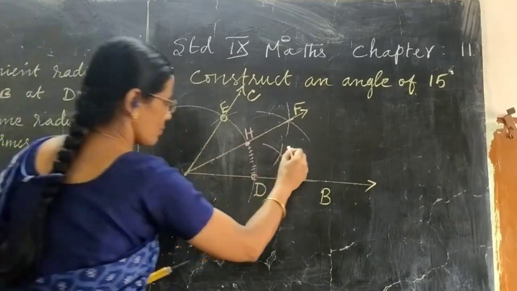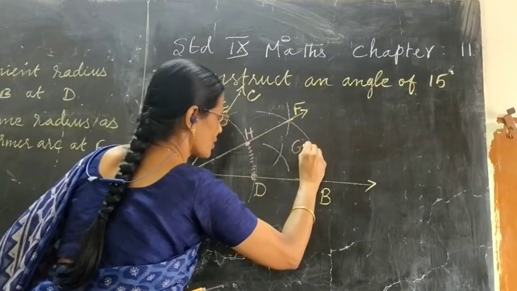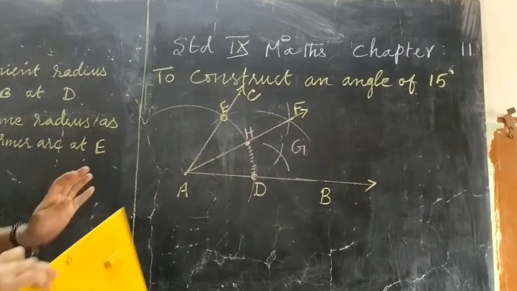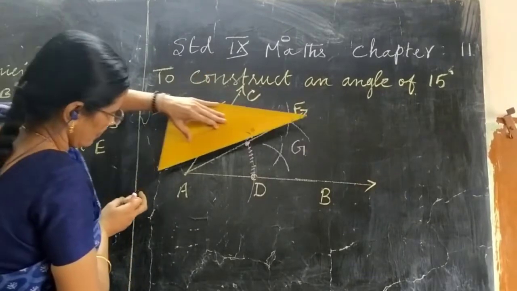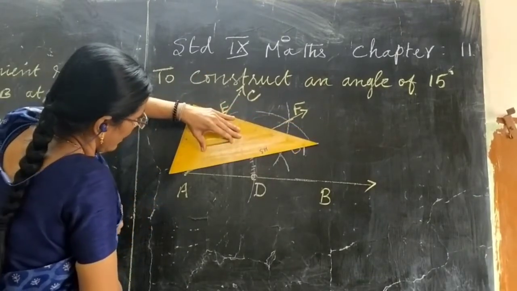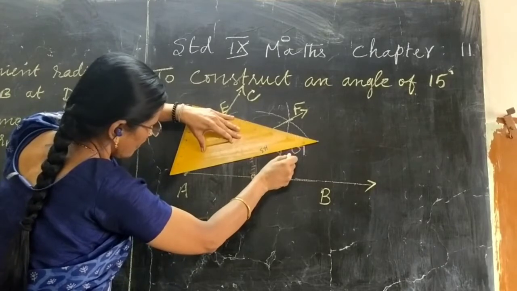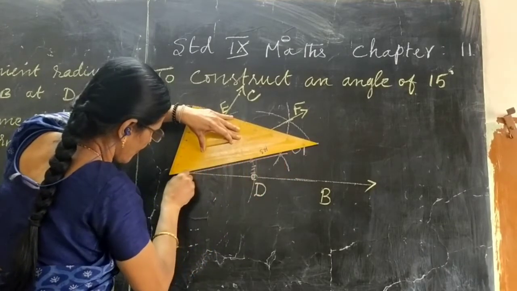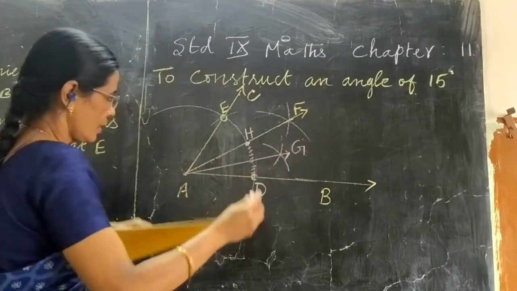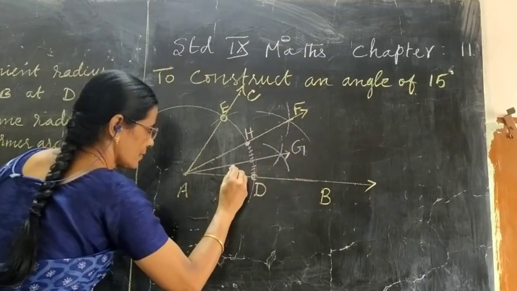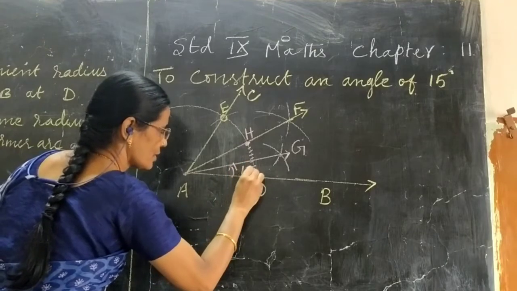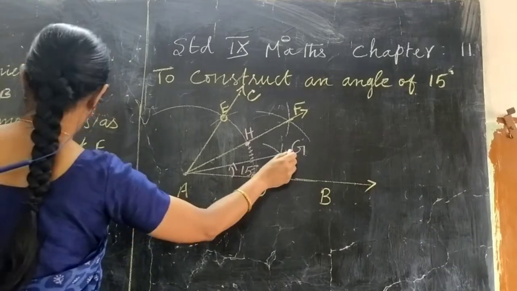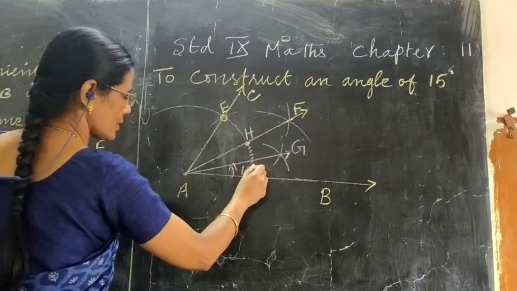So let us name this point of intersection as G. We are going to draw ray AG. If you measure this angle, this is the required angle, which is 15 degree. This is angle GAD, 15 degree.